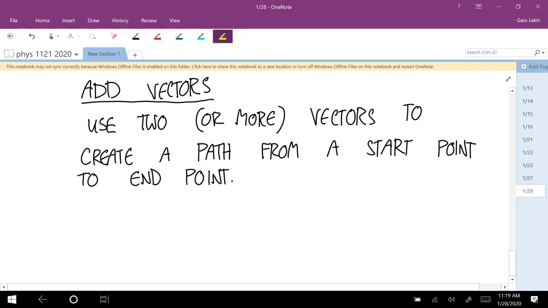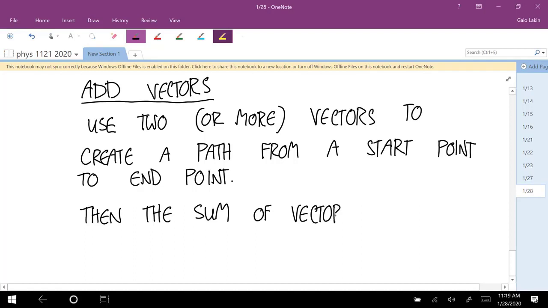Then once you've done that, the sum of the vectors, which is called the resultant, is just the shortcut from the start point to the end point.